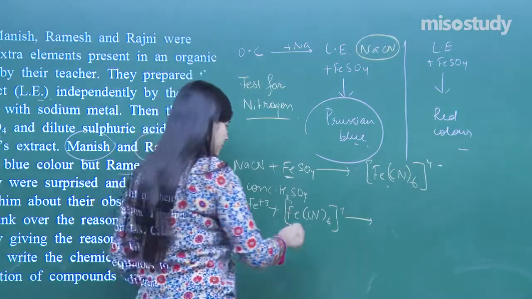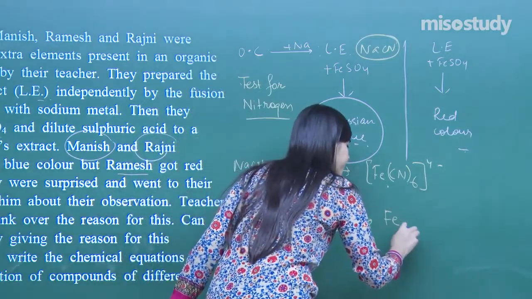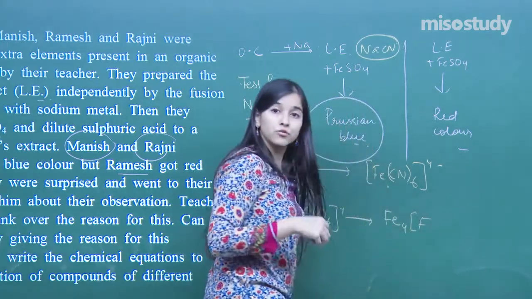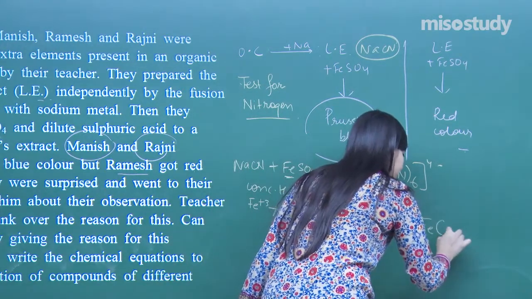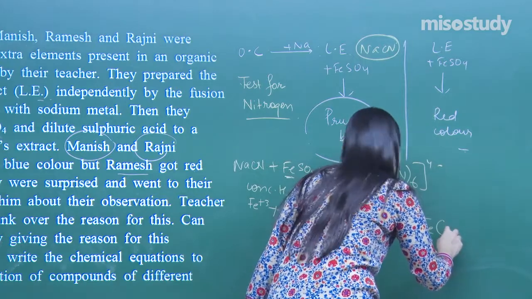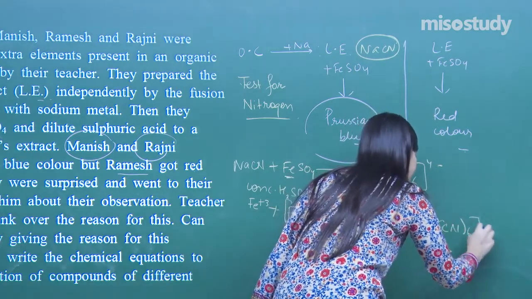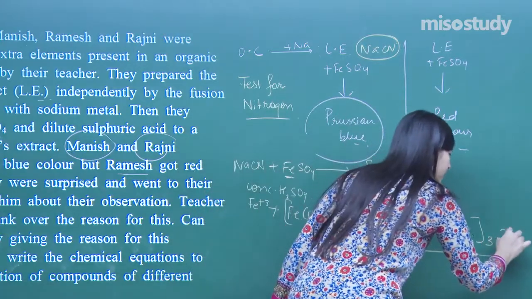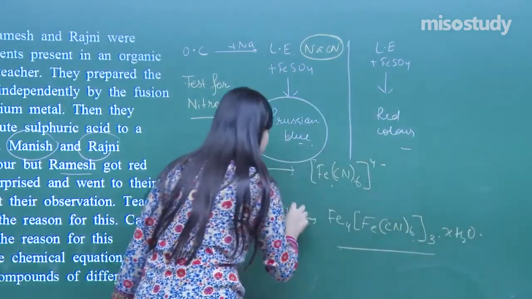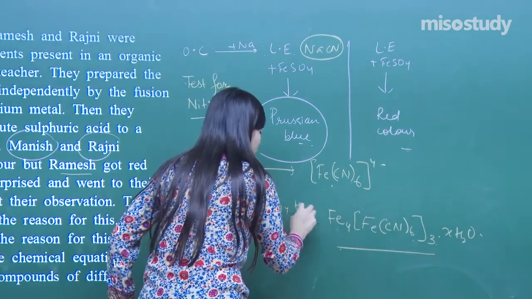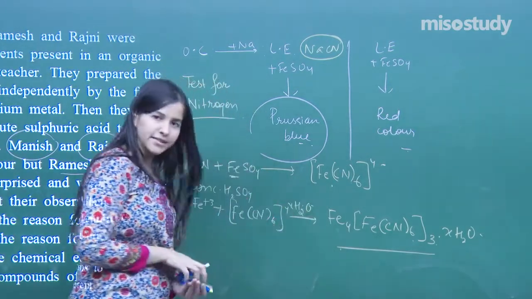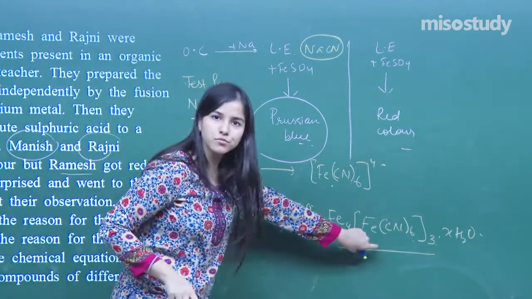We get a complex which is also known as Prussian blue, Fe4[Fe(CN)6]3·xH2O, because it's a solution, so there will be hydrated molecules present, xH2O. Clear? So that is the very first reaction in which they obtain Prussian blue color.